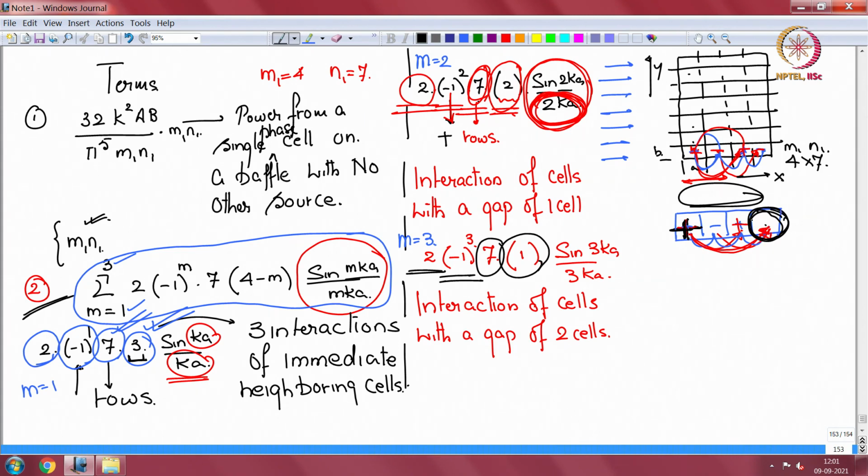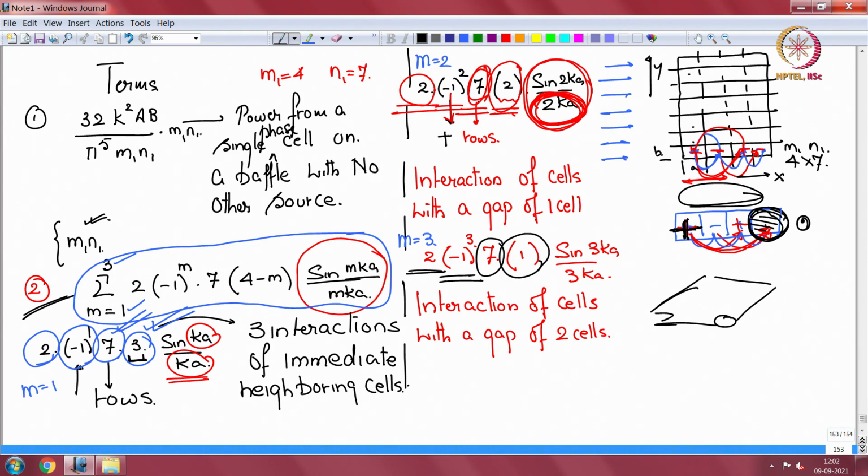Or you could think that this panel is radiating, and this cell generates a pressure at the receiver point, and those two add up. You can think of that as an interaction, but the pressure applied on the cell is what I like. So, that is what interaction means: there is a pressure seen by one cell due to another cell, and it has to work against that.